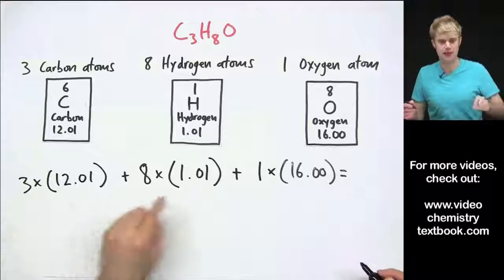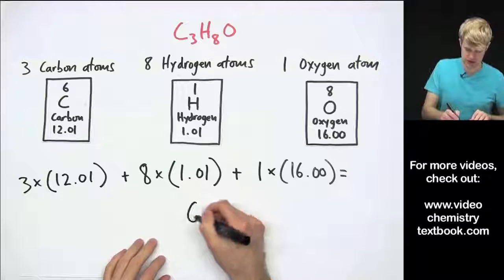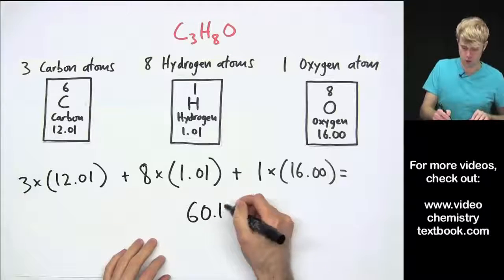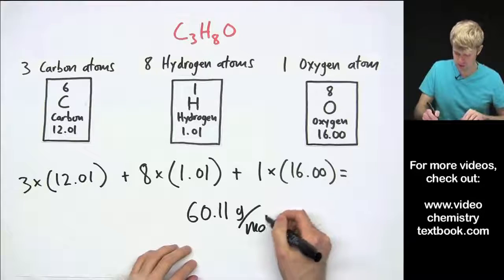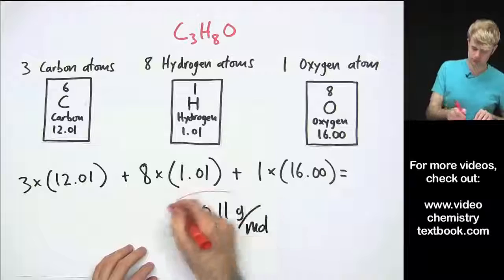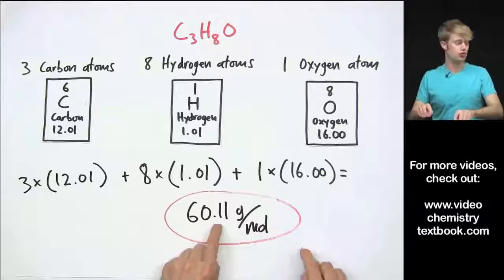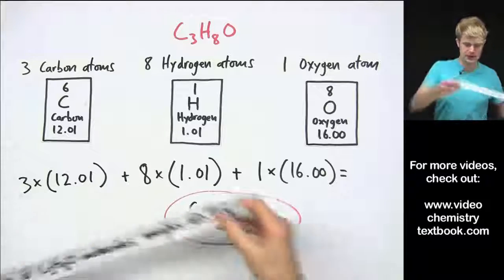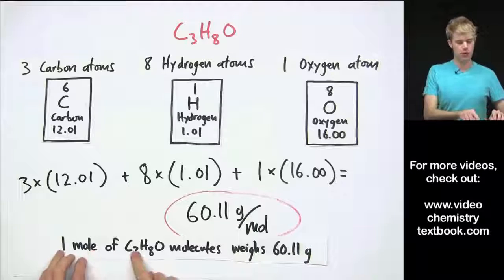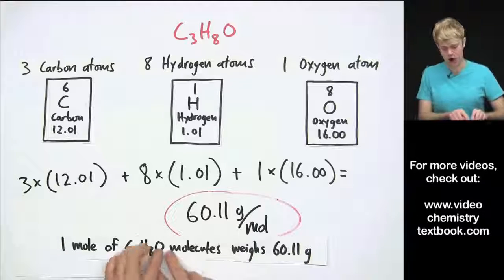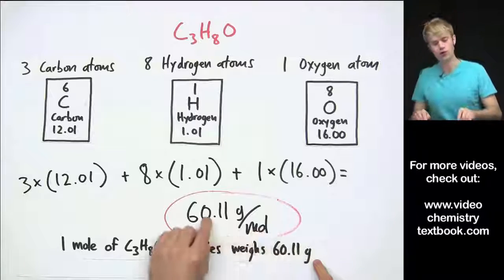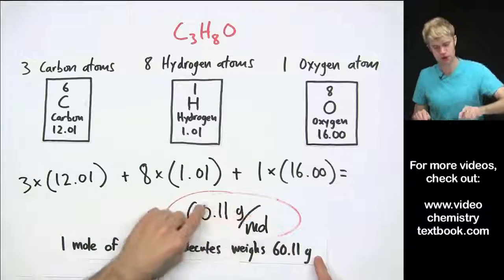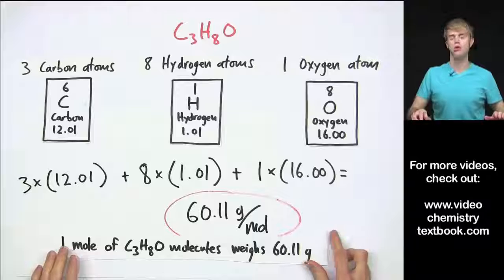Multiply these and add them together, and we get 60.11. Don't forget the units, grams per mole. And once again, this grams per mole means that 1 mole of C3H8O weighs 60.11 grams. This is the amount of grams that a mole of this weighs.